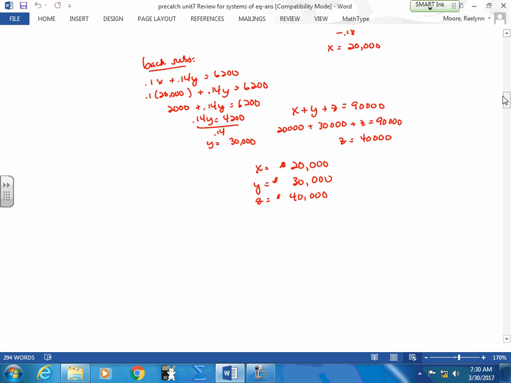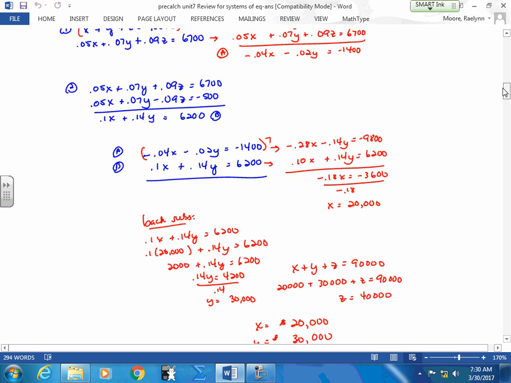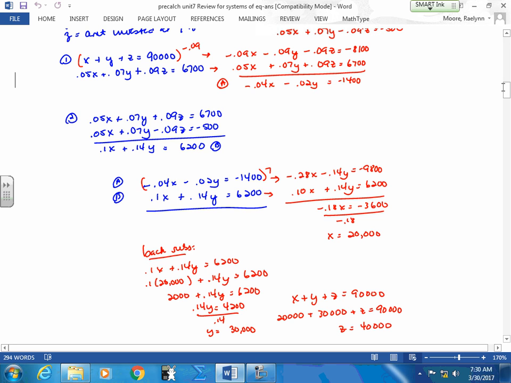Wait, Miss Moore, what did you get for your B equation? Did you use the same one as me? I don't know. I used the third equation and the income equation. Did you set this up where you moved the Z to the other side so the Z was negative and so was the money?